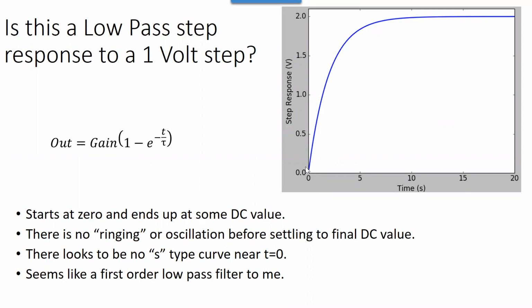Yeah. So, you see how this is shooting straight up? That's that classic kind of equation. Starts low, goes high. So it's passing the DC, right? So I would say, yeah, that's a first order low pass filter. And because you could get 5 tau and the gain, you could get that equation.